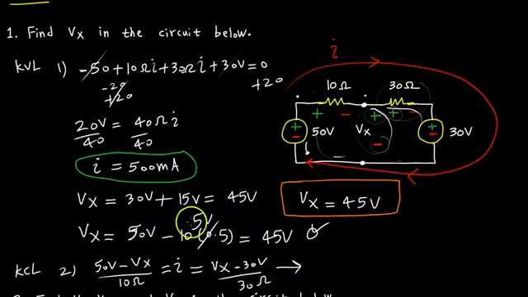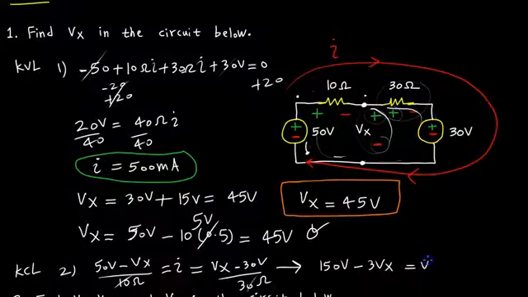I'm going to go ahead and cancel the 10 from here and here and get a 3 on this side. And I'm going to multiply by 3 on both sides and get 150 volts minus 3Vx is equal to Vx minus 30 volts.